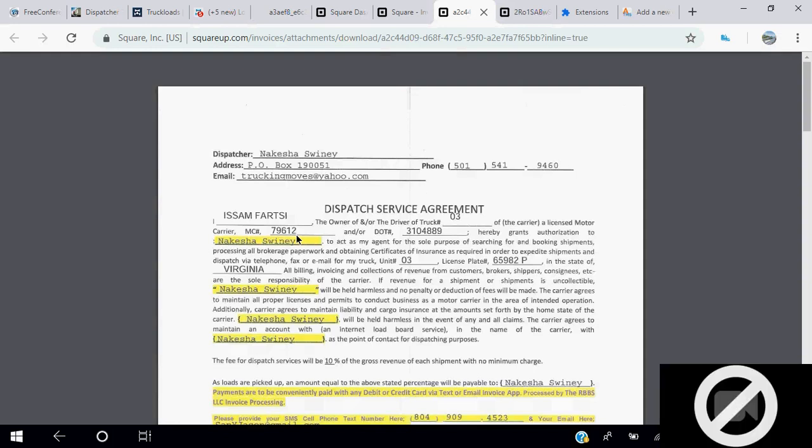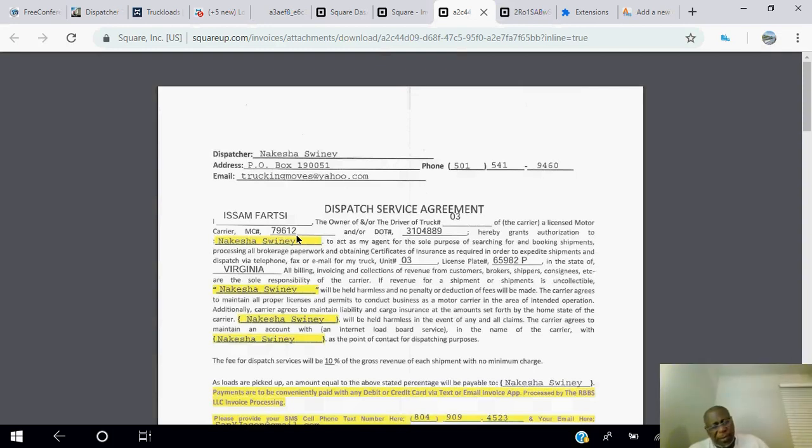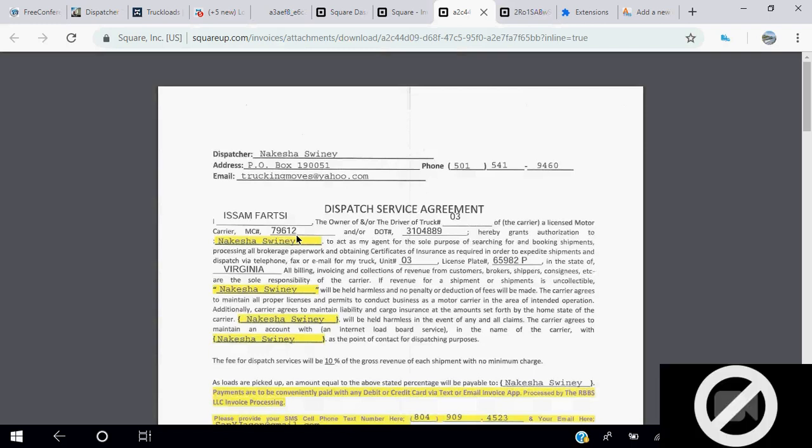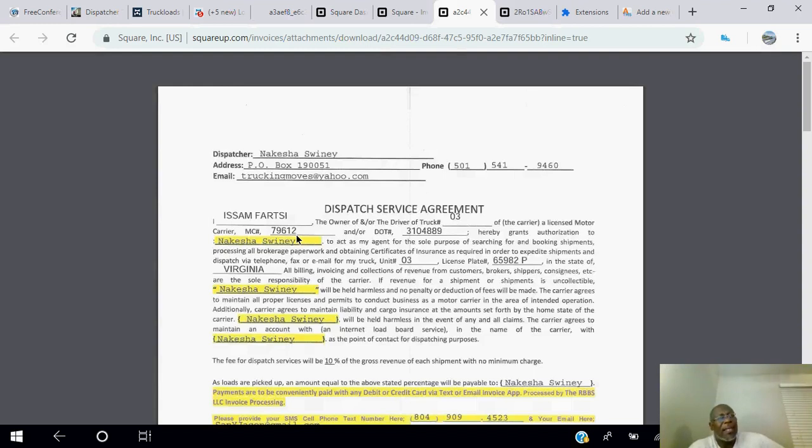Yeah. Okay. The only thing is you can't use your brokerage firm name as a dispatching company name. I was going to say, can you also use the same name for auto transport? You can, if you don't have a DOT number, because you're going to need to get on Central Dispatch.